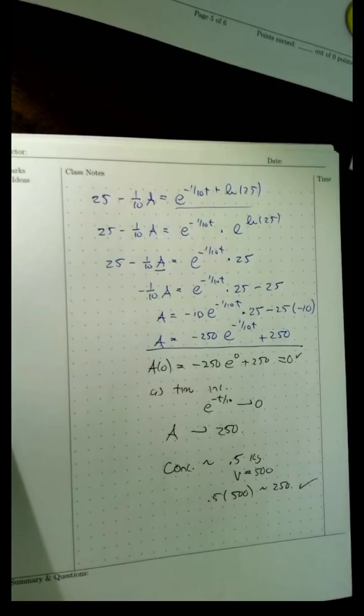What's coming in is 50 liters per hour times a half kilogram per liter. So coming in, I've got 50 liters per hour at 1/2 kilograms per liter, and I need kilograms per hour.